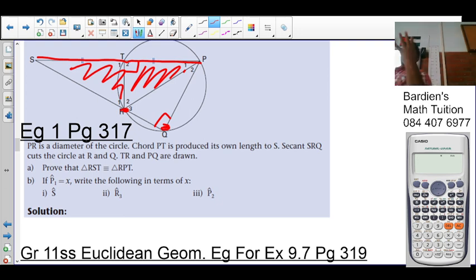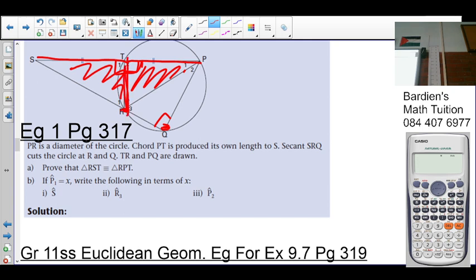People, there are 4 ways to prove congruency. What are the 4 ways? Side, side, side. Side, angle, side. Angle, angle, side. Right angle, hypotenuse, side. So in congruency, what can we say here? T2 is equal to T1 is equal to 90. Angle on a straight line. What else can we say? TR is common.